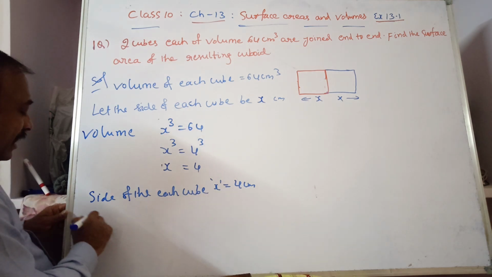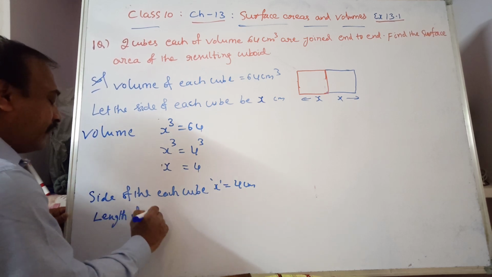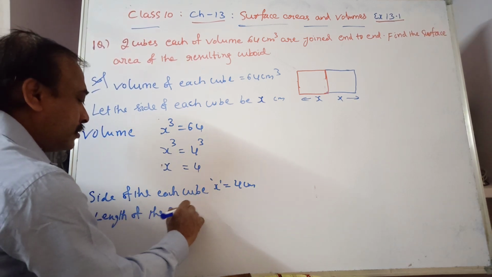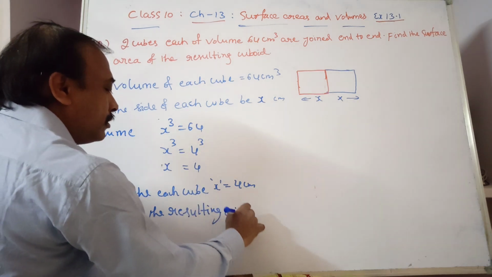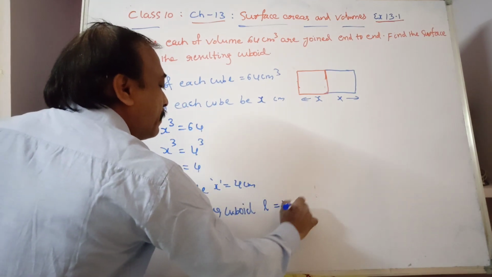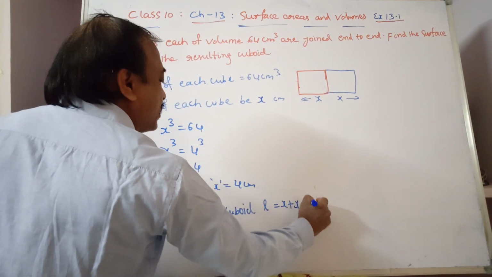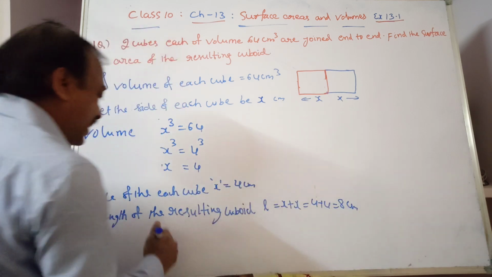Now for the new cuboid, the length L of the resulting cuboid is x plus x, which is 4 plus 4, equal to 8 centimeters.